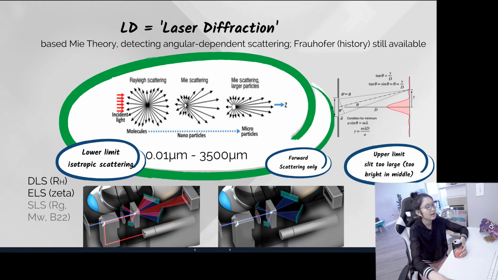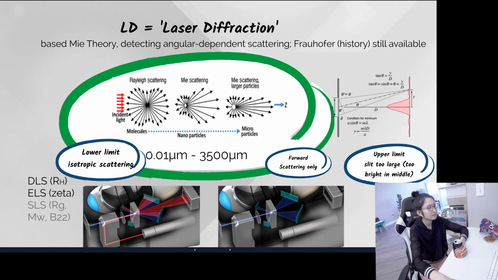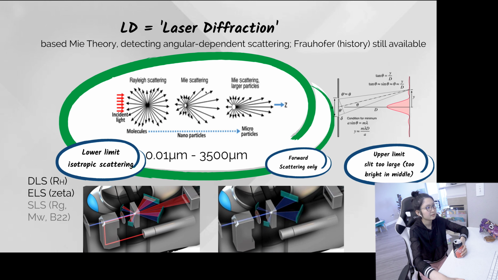In our Mastersizer, we have a red laser. We also have a blue laser because blue laser has a shorter wavelength, so it's better to detect smaller particles. So here is the size range to be detected with laser diffraction. In the middle, of course, we use the angular dependence to detect the particle size.